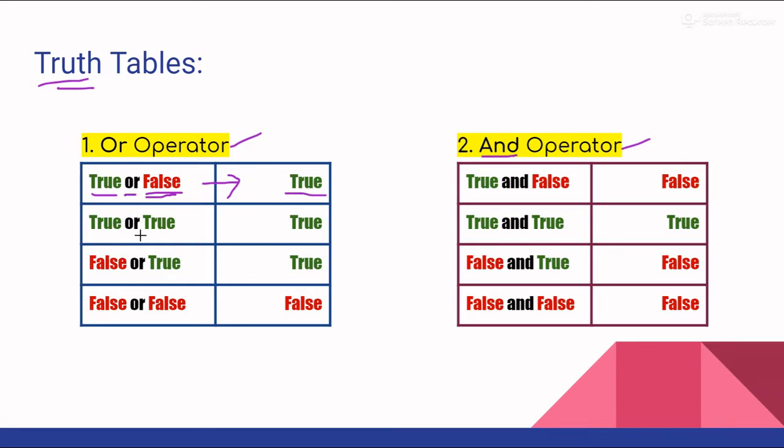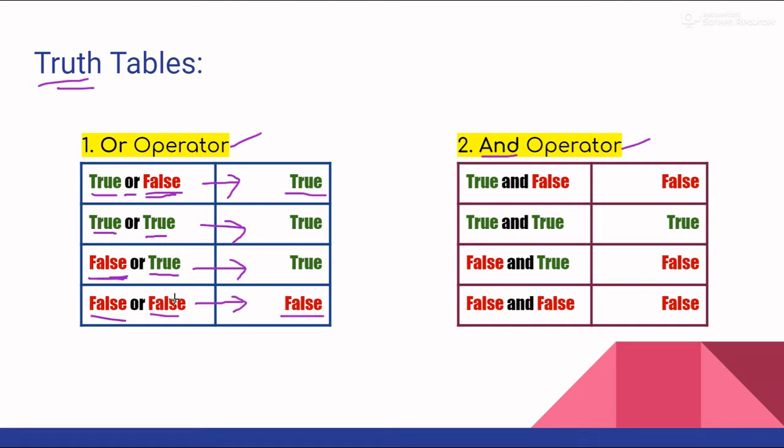We are using the OR operator over here. In the next case both the things are true, again we are getting true. In the next case again one of them is true and one of them is false, so we are going to be getting true. But in the last case both of these truth values are false, so we will get the output as false.